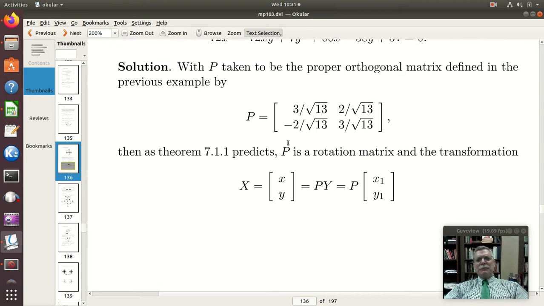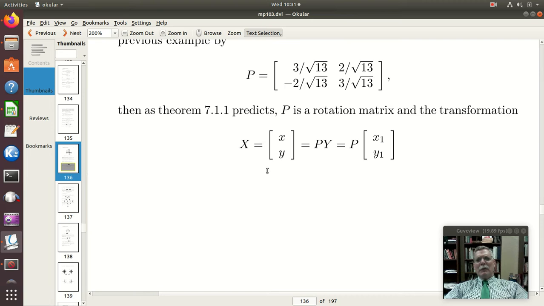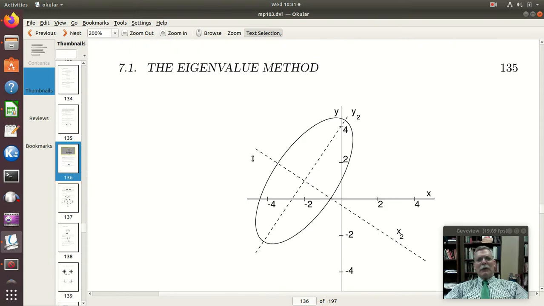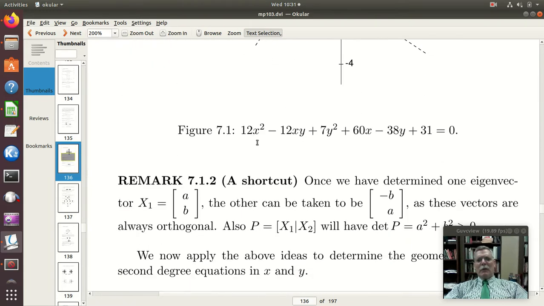And so what they do is the coordinate transformation. They say, well, let's get new coordinates from our old coordinates. So in these coordinates x, y, where are we here?